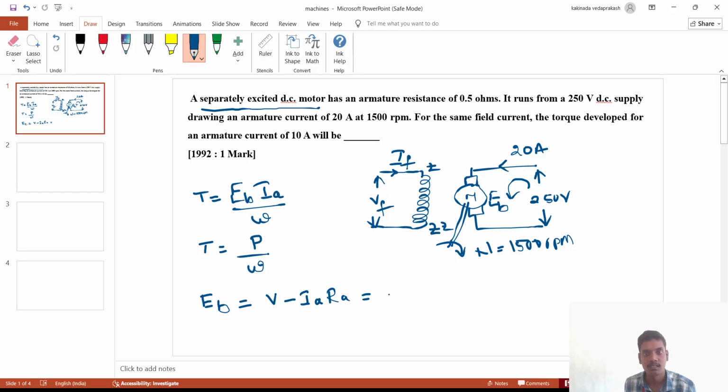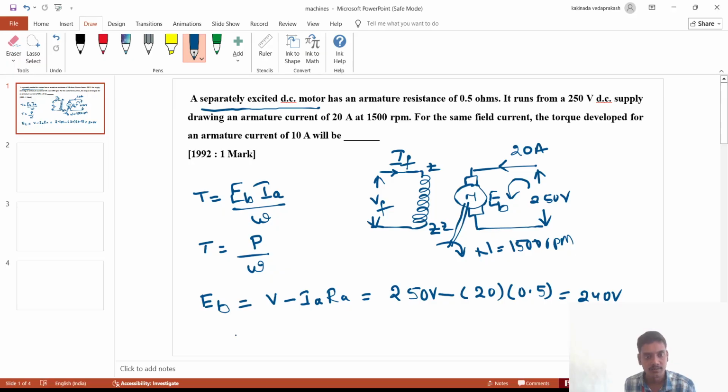The voltage is 250 volts minus the armature current of 20 amps into the resistance of 0.5 ohms. Solving this, we get 240 volts as EB.